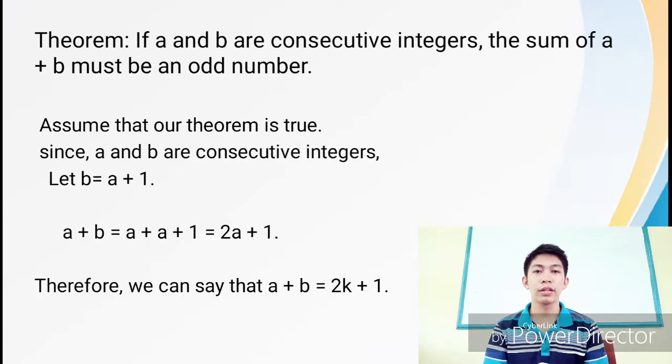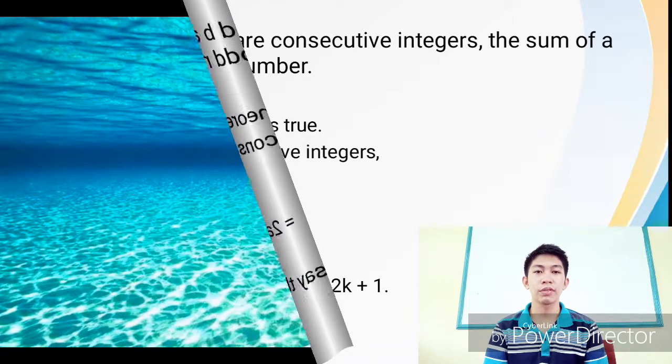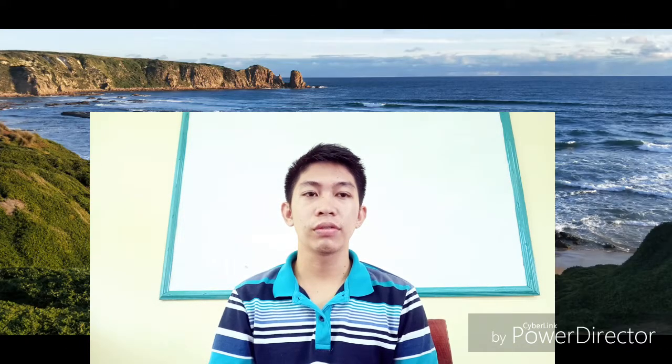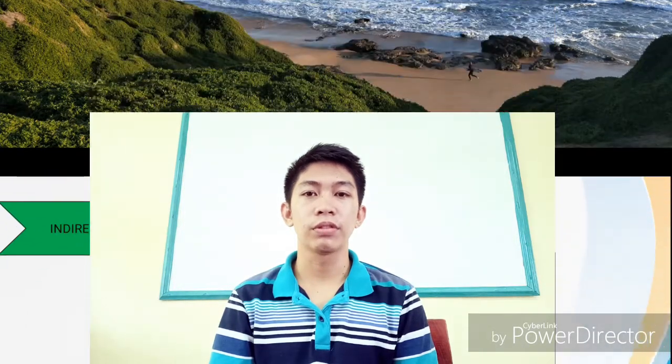Therefore, we can say that A plus B equals 2K plus 1. We know that any number multiplied by an even number must be even. We also know that if we add 1 to any even number, it becomes odd. Given this, we can say that A plus B equals 2K plus 1. By definition, this only shows that A plus B is odd. Therefore, our theorem has been proven true.